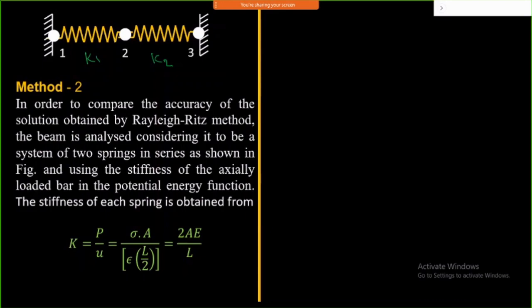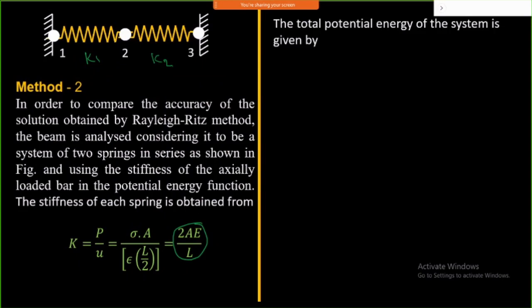Epsilon L by 2 is nothing but my displacement, and here we got the stiffness of that particular spring, that is half of this because the length is half of it. So similarly, now I can have two springs, one is K1 having the same stiffness and K2 having the same stiffness.